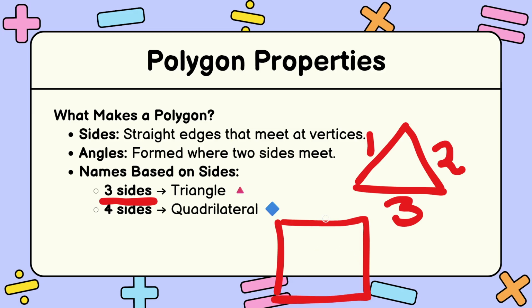So this shape has got 4 sides. 1, 2, 3, then 4. It is called a quadrilateral. So we count the number of sides on a shape. That number is the number we use to give that shape a name. These basics are very essential to understanding more complex properties of polygons, so keep them in mind as we move forward.